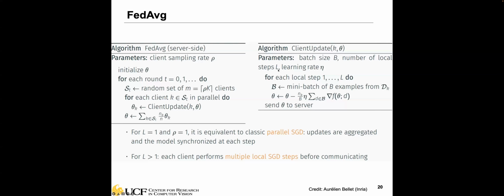You can specify the local training steps, L. You also have the learning rate, as in any gradient descent, and you just do regular gradient descent to update your parameters. Once you reach L steps, let's say you trained maybe 5 epochs, which you specified, then you send the local model to the server for the aggregation.